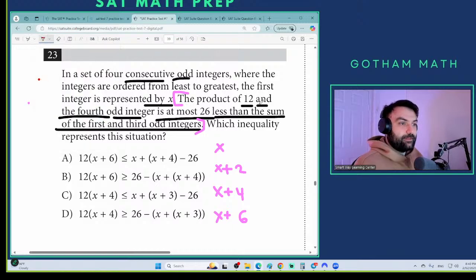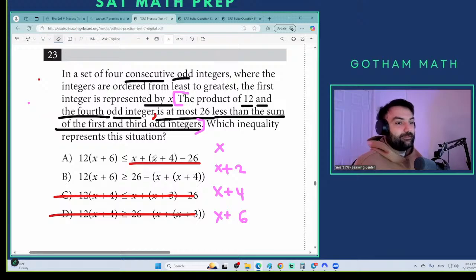Let's go. The product of 12 and the fourth odd integer, let's stop here. The product of 12 and the fourth, so the product of 12 and x plus 6. So right away, this is wrong, because at most means less than or equal to. And I don't need to do the rest, if I'm confident knowing what at most is.